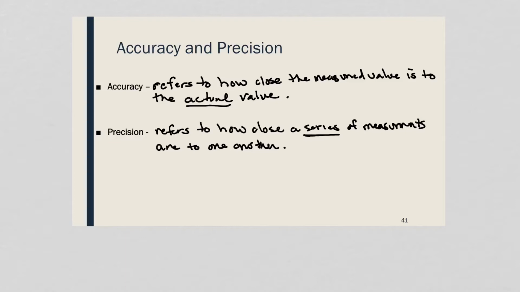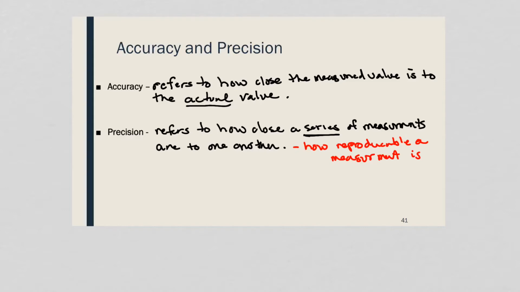Another way that we sometimes will refer to this is how reproducible a measurement is. So if we do it 3 or 4 times, how close are those numbers to each other? Now, precision has no reference to the true value. So we can have great precision and not be anywhere close to the actual value, and we'll talk about that in a few minutes.